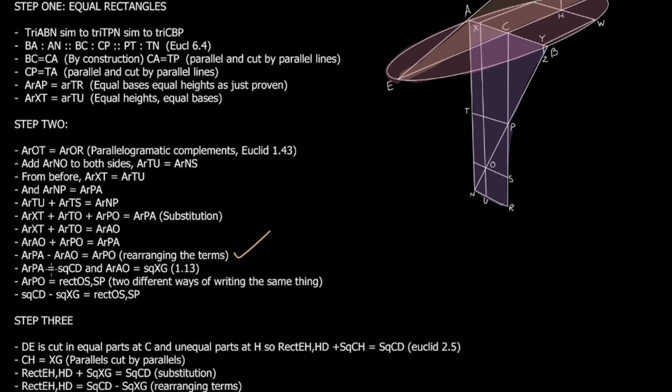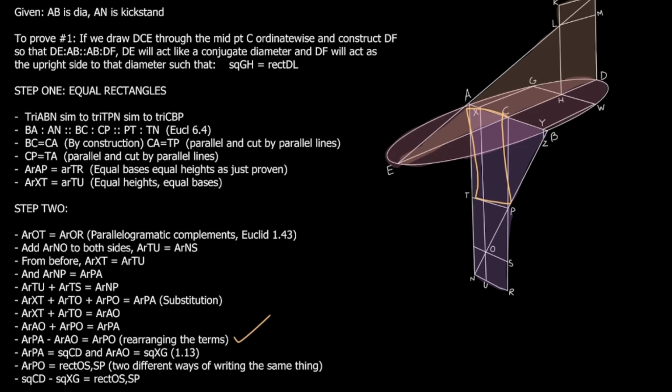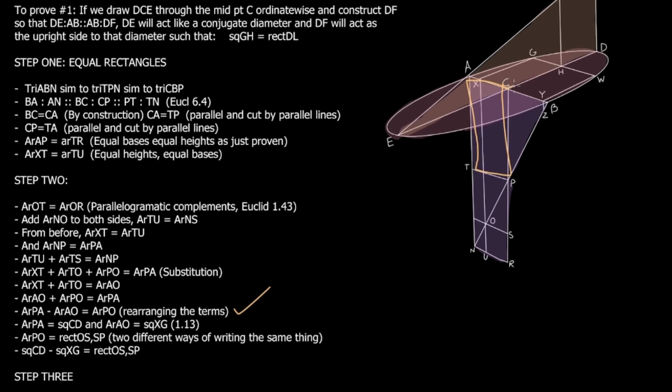And area PA, which is this, is equal to the square on CD. This is an ordinate. It's not a square, but just, you know. And the area AO is equal to the square on XG.